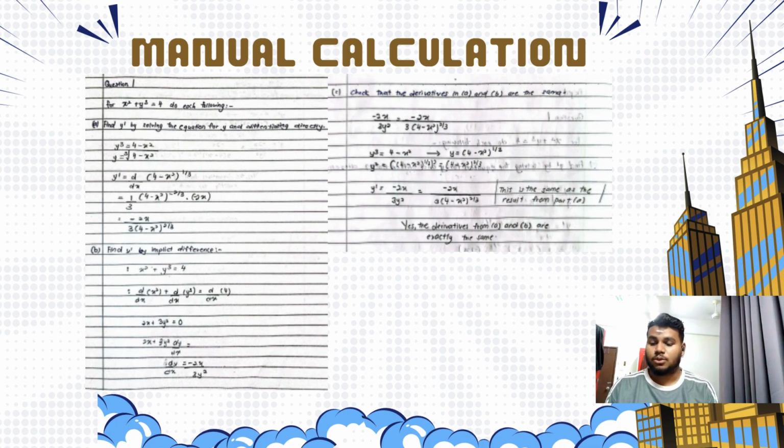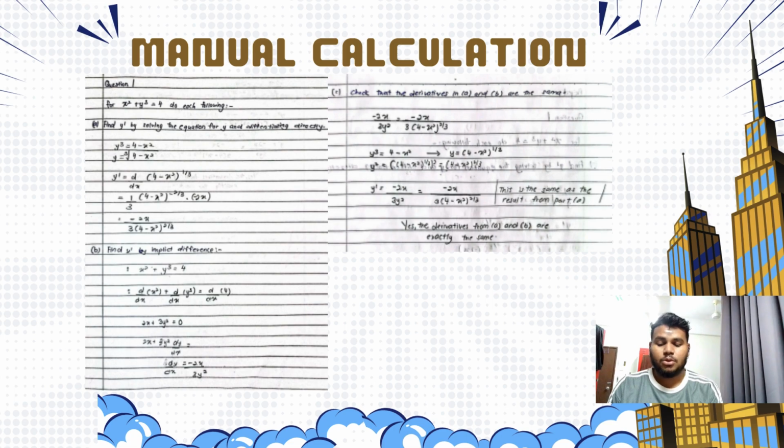So let's go to question C. Question C asks us to check that the derivatives in A and B are the same. So we take both answers from A and B and put them in the same equation. They will be minus 2x over 3y squared equals minus 2x over 3 times (4 minus x squared) to the power of 2 over 3.